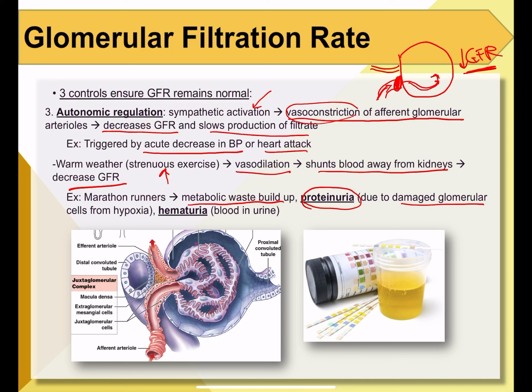Remember, these podocytes right here are what protect big things from going from your blood into your urine. So if these cells start dying, that's when blood cells or protein can enter your urine. When blood enters your urine, that's called hematuria, because if proteins can enter, so can red blood cells, which are pretty big. Some plasma proteins are pretty big too. So too much protein going into your urine because your podocytes are dying is proteinuria. If blood appears in your urine, that's called hematuria.